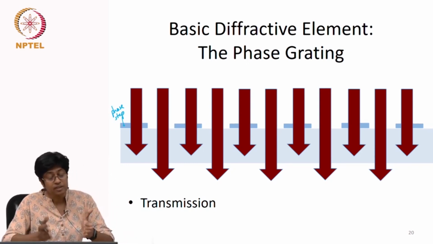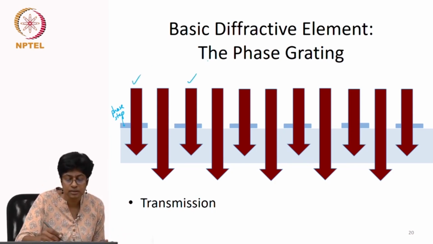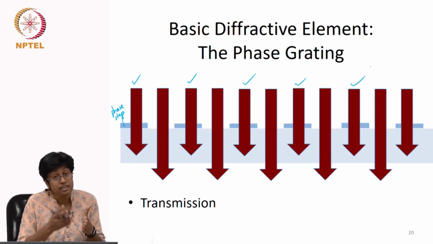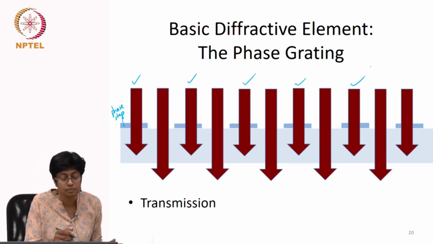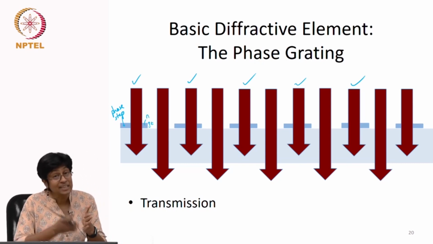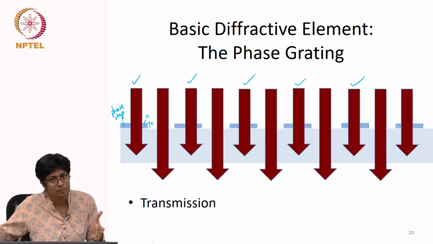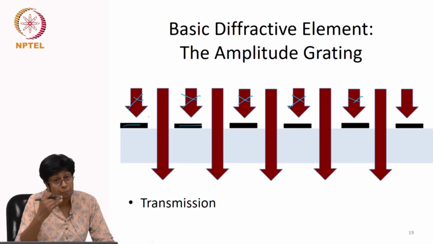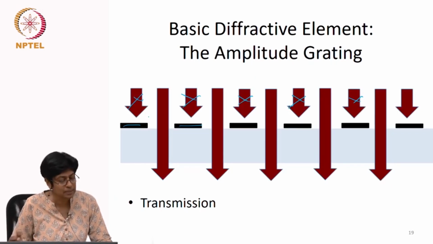So they are traveling a different optical path length because of this thickness and this refractive index. And that is what causes the multiple beams to form, unlike the amplitude case where a blockage is what caused the multiple beams to form.